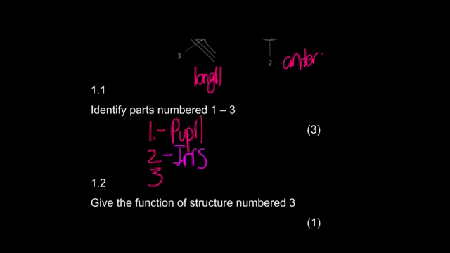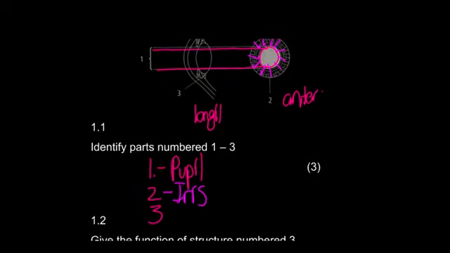Now, number 3, we're looking here at something that is joined to the lens. Don't get too confused when it comes to that diagram. Very often, let me draw it over here, you've got 3 parts you need to understand. One is the lens. If it's pointing to structures that are touching the lens, there we want to know your suspensory ligaments.